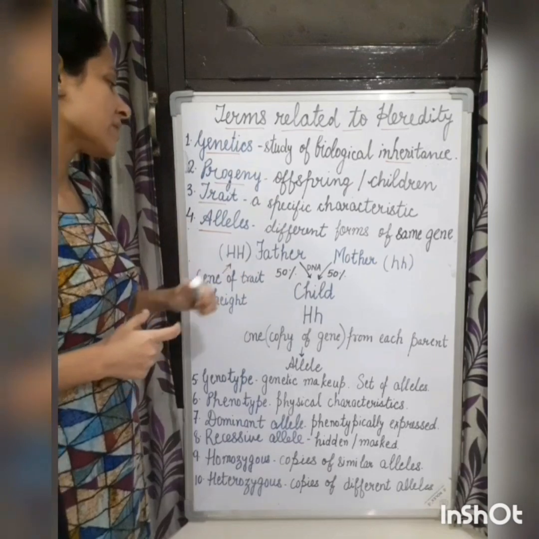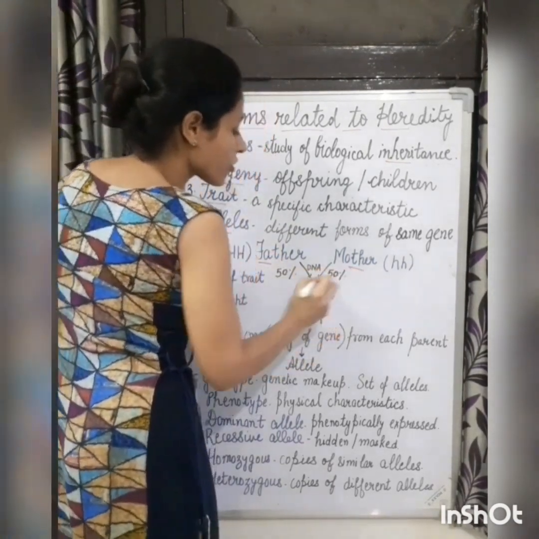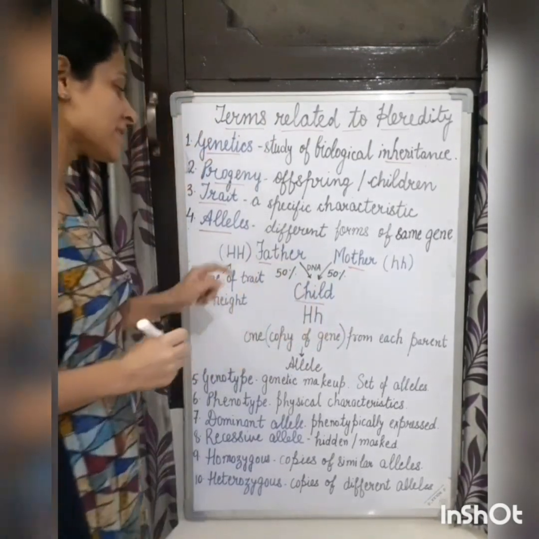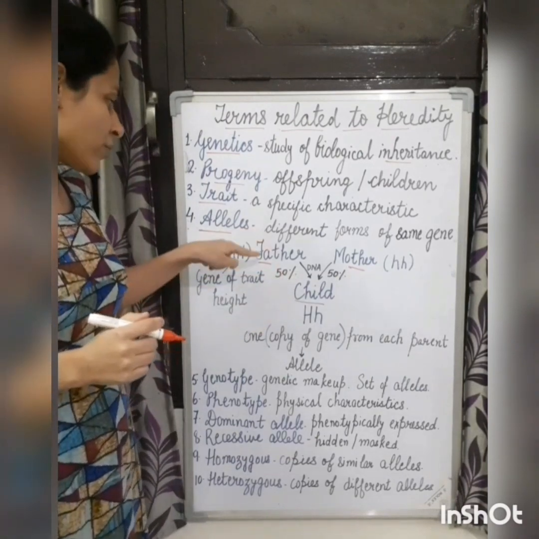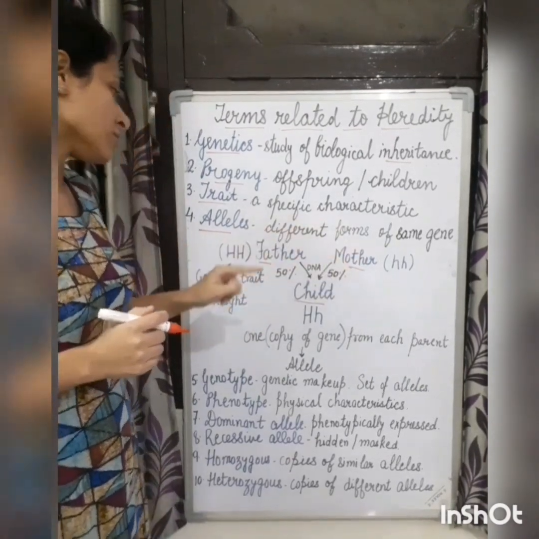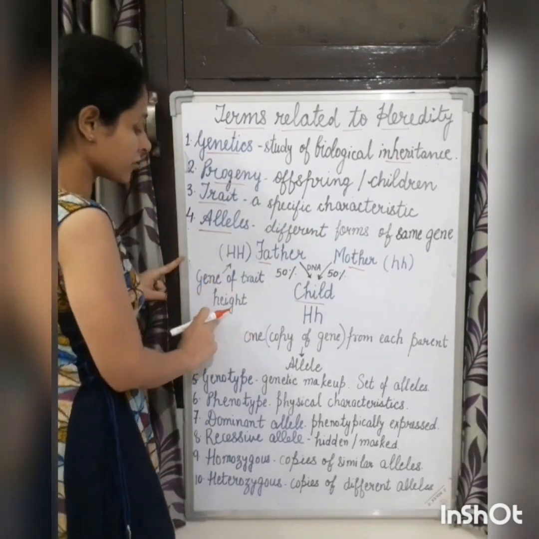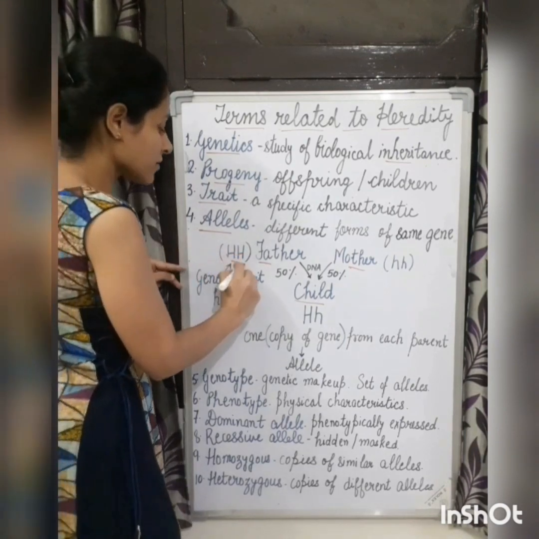Mendel, by his experiments, showed that both father and mother contribute equal amounts of DNA in the child. That means every trait in the child is influenced equally by both father and the mother. If we consider the trait height here, the genes can be represented by letters.